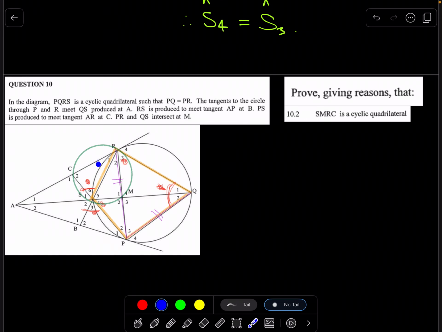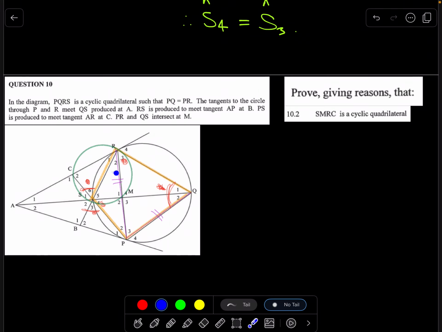I'm looking at this angle and trying to see relationships with other angles. I'm seeing tan chord, so this angle would be equal to this angle, which we don't really know anything about at this point. But speaking of tan chord, this angle is coming from this chord, so this is equal to this.